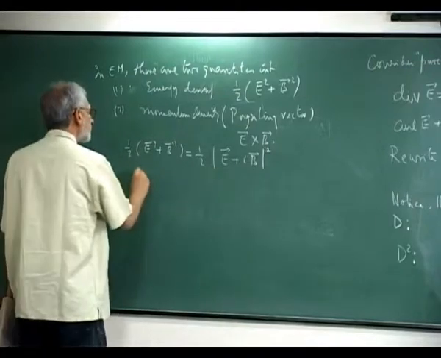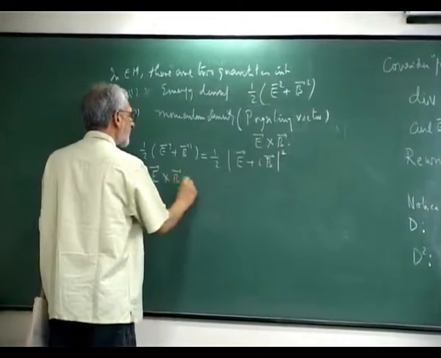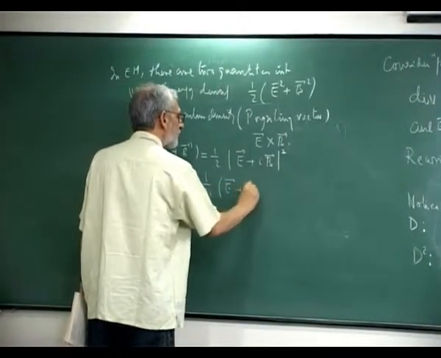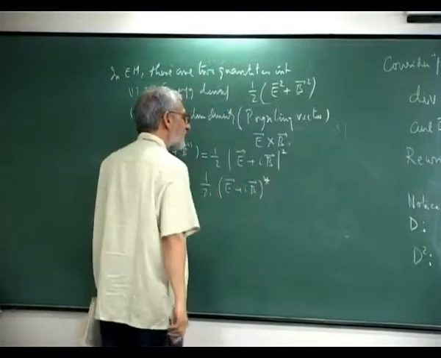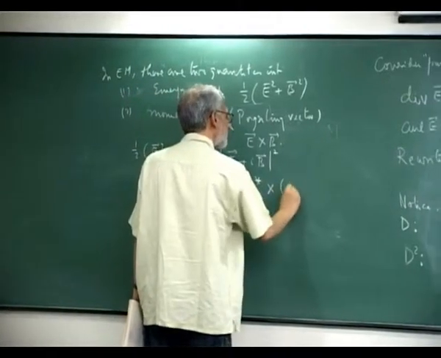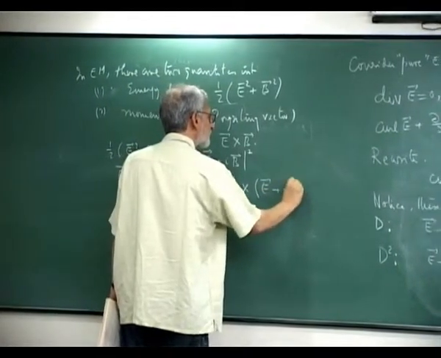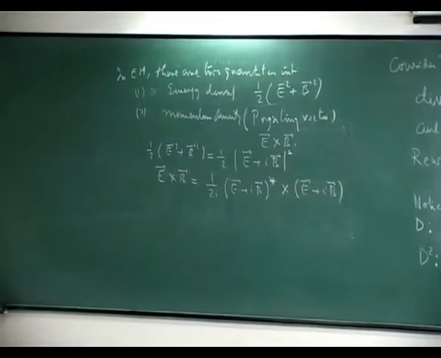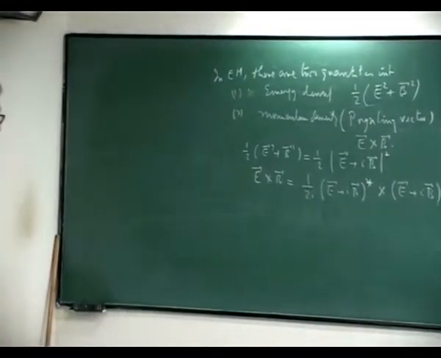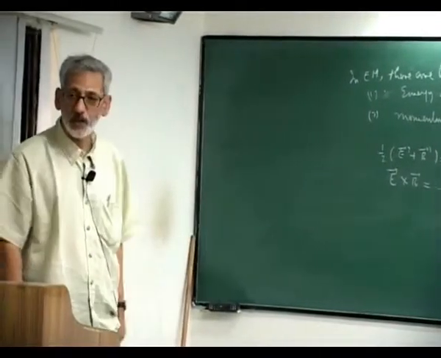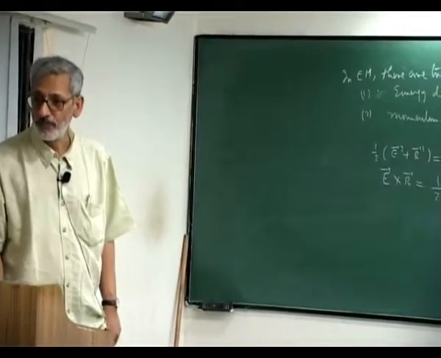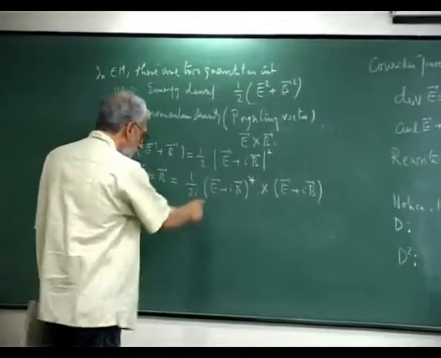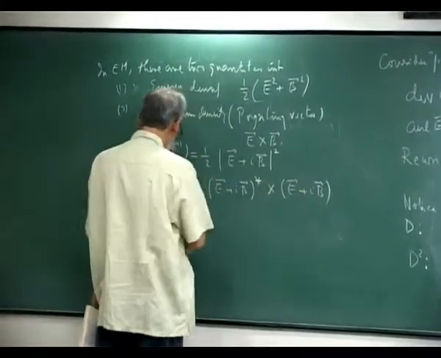And this Poynting vector E cross B, I can write as 1 by 2i (E plus iB) star cross (E plus iB). I'm just rewriting it. E cross E is 0, B cross B is 0, only the cross term is there, and that is exactly this.